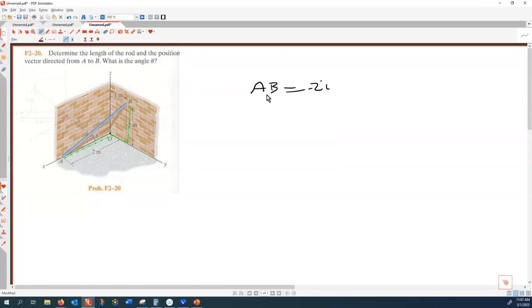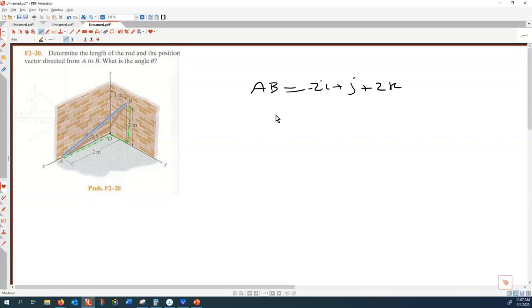Everyone can see why minus? Because we're going opposite to x. Minus 2i, and then that is 1j in the positive direction, and finally 2k. We're going in positive k.